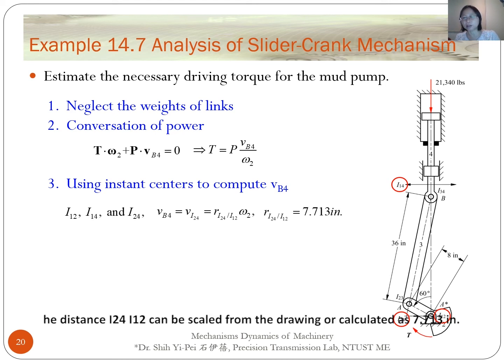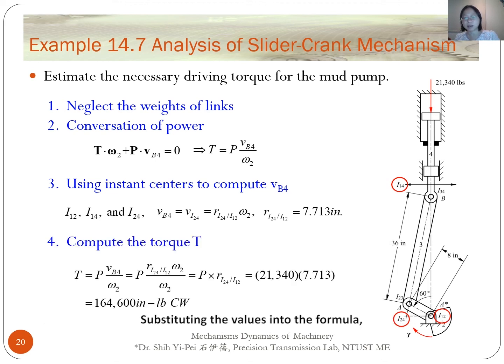The distance I24 to I12 can be scaled from the drawing or calculated as 7.713 inches. Substituting the values into the formula, we get torque T as 164,600 inch-pound-force in the clockwise direction.